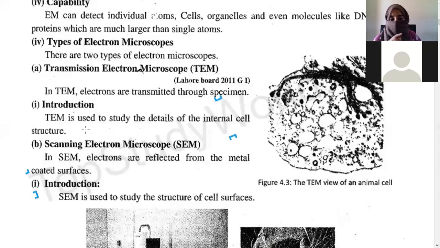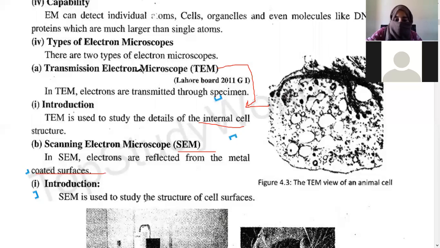Scanning electron microscopes work by electrons reflected from a metal-coated surface. Means if we want to study the outer structure of the cell, then we will use the SEM, scanning. And if we want to study the internal structure of the cell, then we should use the TEM. TEM is for internal structure, and SEM is used for the outer surface.